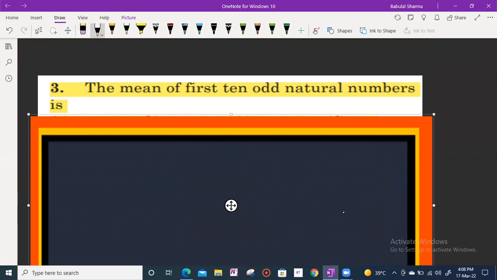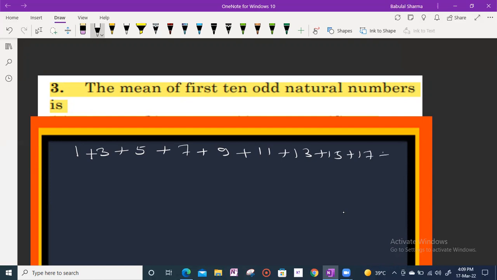The first 10 odd natural numbers are 1, 3, 5, 7, 9, 11, 13, 15, 17 and 19, and we divide by 10.